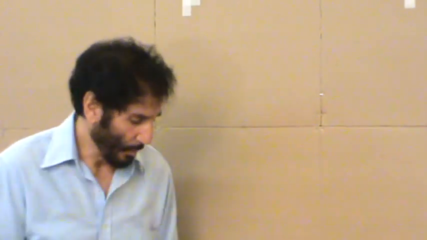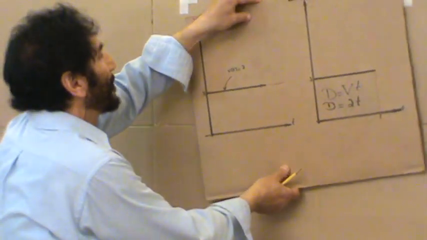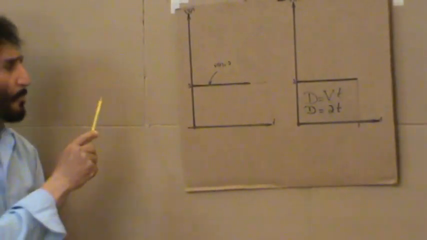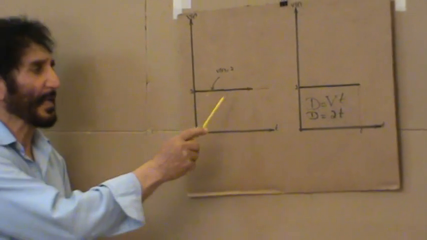Now, let's put all of this in perspective, put it in geometry, and see what kind of information we can get out of it, and we can use it for other examples to come. So let's put this one into a picture. Now, here it is. My object is going with a constant velocity of 2 meters per second.